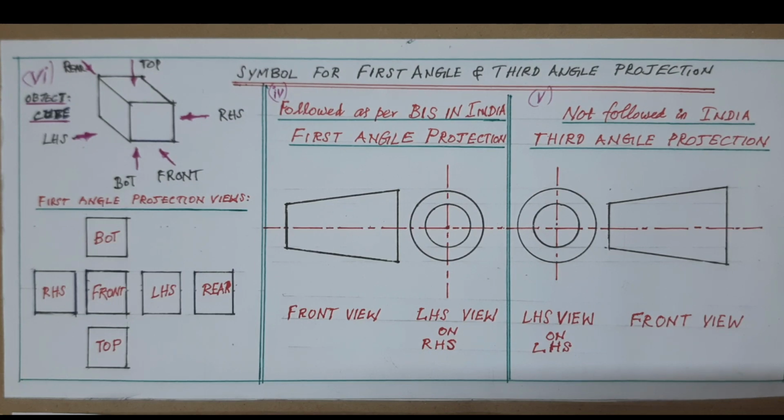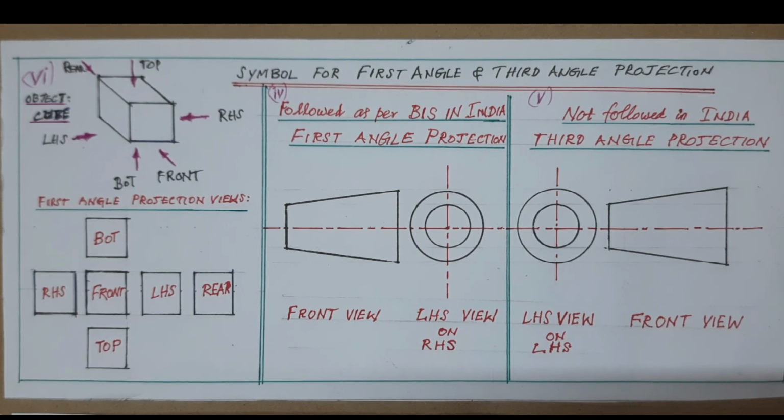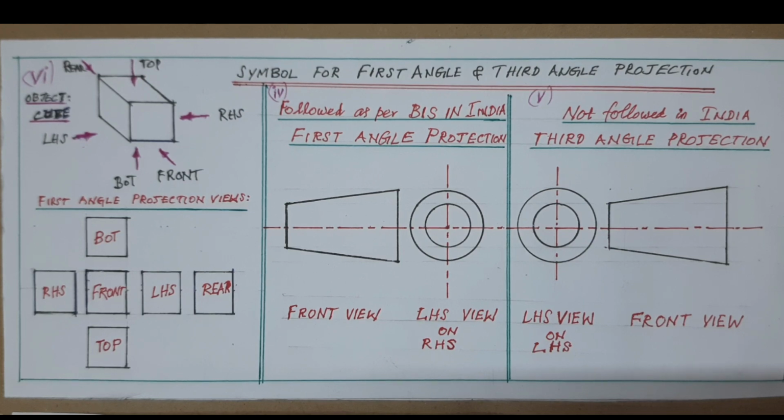In these drawings, all are drawn in various colors only for easy visibility and understanding. But in the EG subject, that is engineering graphics, only pencils of different grades are allowed. No color or pen is allowed, so do not use any color or pen.